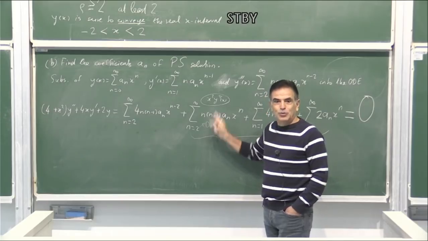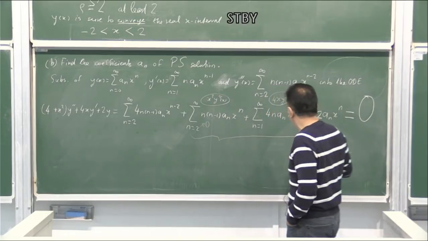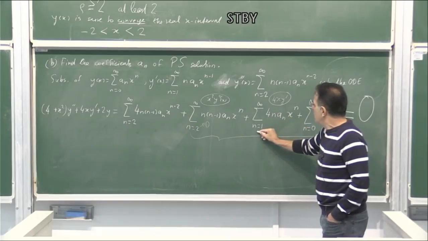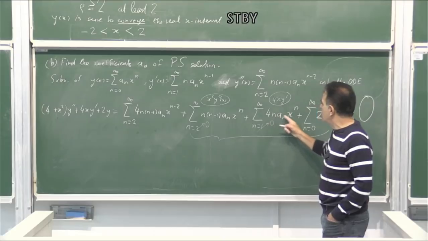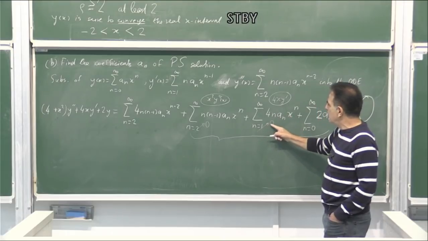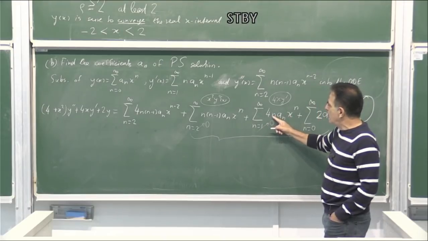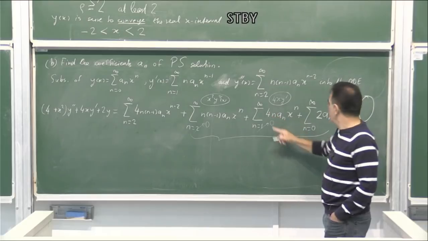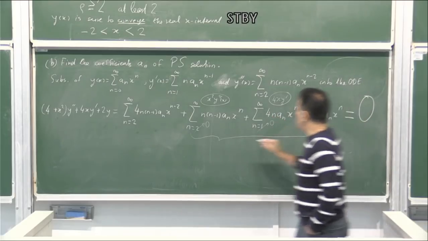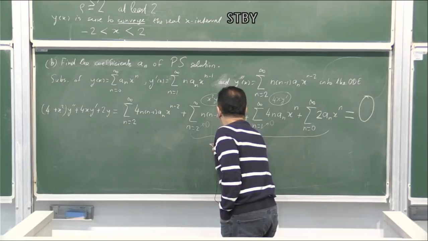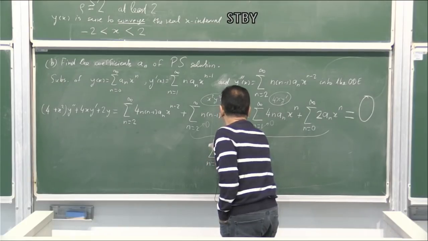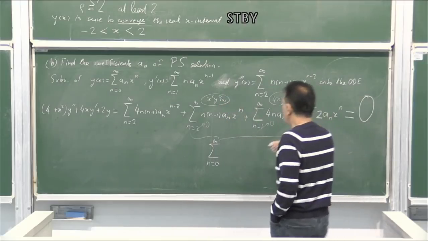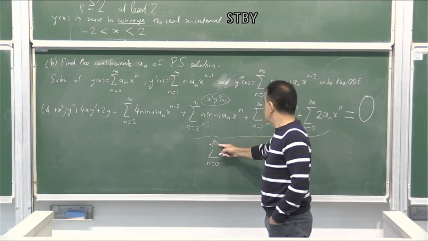So adding 2 zeros to the sum doesn't change the value. And here we can start this series from 0 without any trouble, because we add the term at 0, which is 0. So the 3 series may be written immediately under one series.